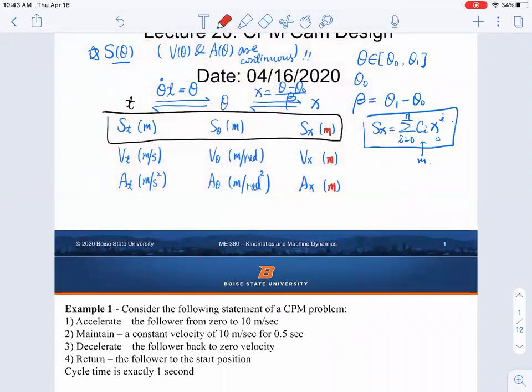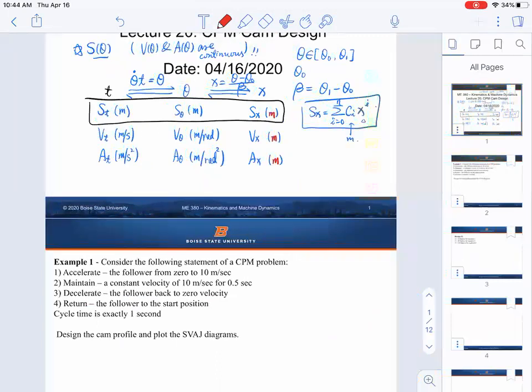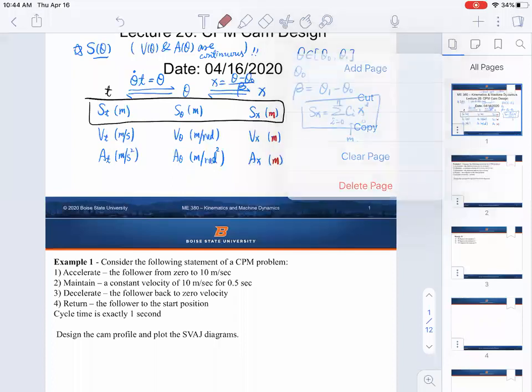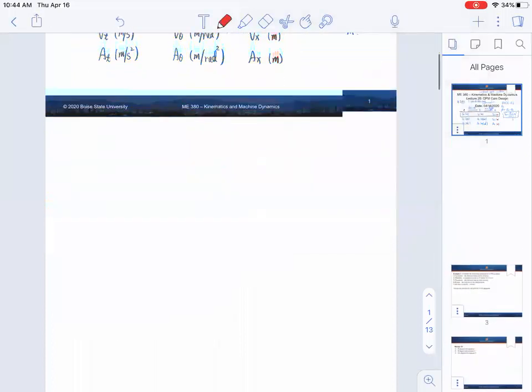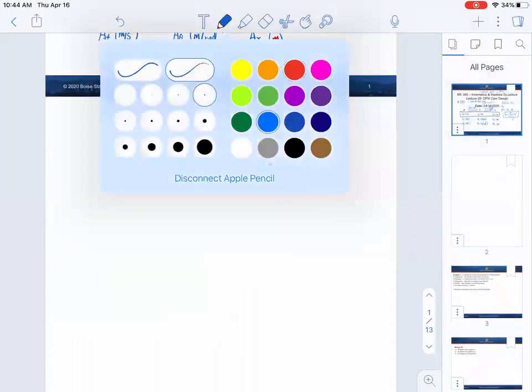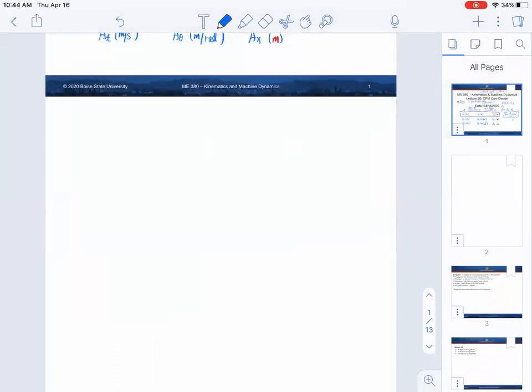Between v(t) and v(theta), so what you're using is, let me see. Let me insert one page. Okay, let me write it in a different way. You have your theta domain, your t domain, and your x domain.